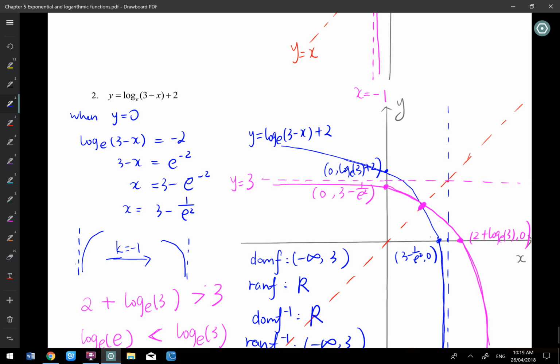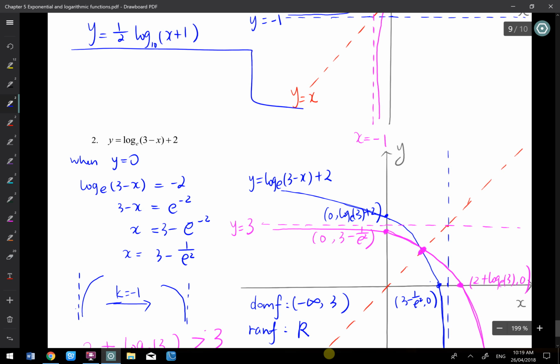And the last thing we'll do is to find the inverse equation. So we find the inverse equation: x equals log base e of (3 minus y) plus 2.